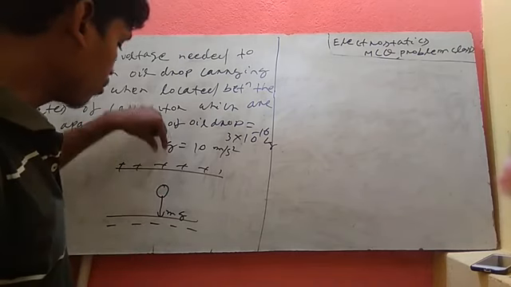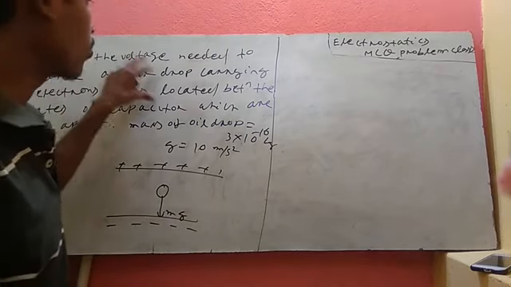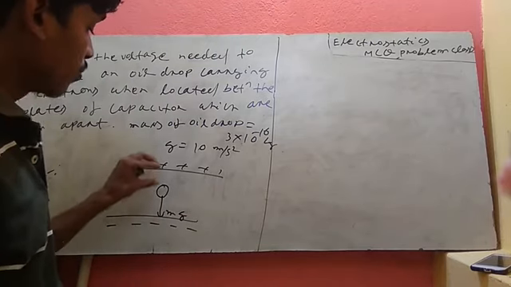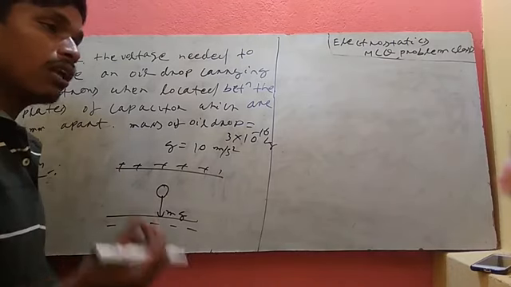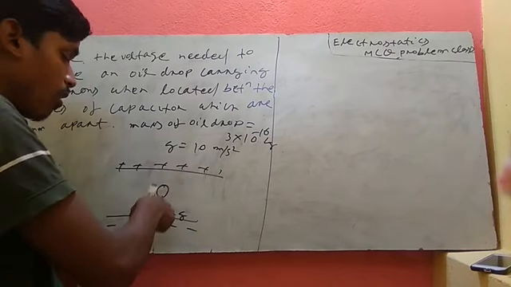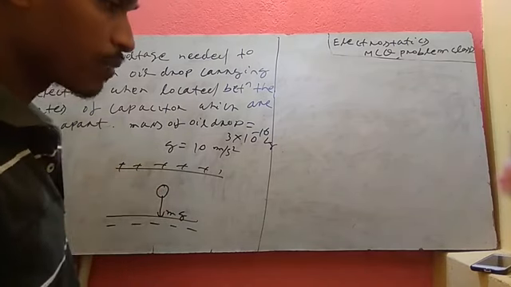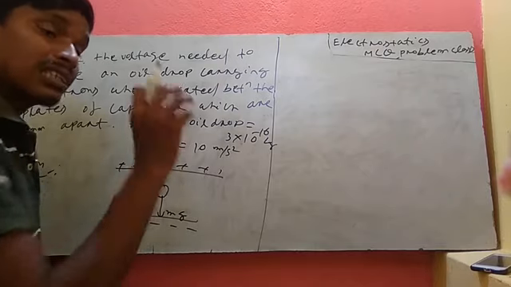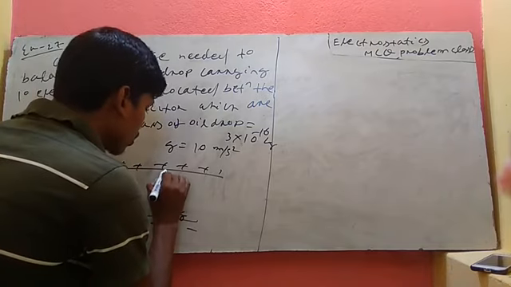But in this question the oil drop must be stationary. Why? We already know that whenever a weight force acts downward on an oil drop, then for its stationary position, one force must act in the opposite direction to the weight.